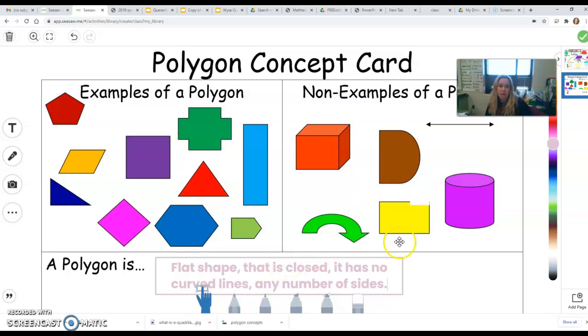It's closed, so it can't be like this yellow one and be open. And then it can't just be a line segment, so it's got more than one side. It cannot be curved, so it can't be any of these shapes with the curves. Can't be a circle. And then it must be closed.